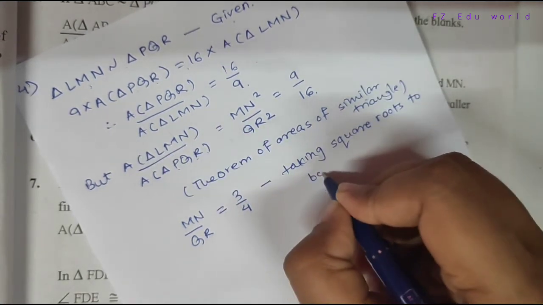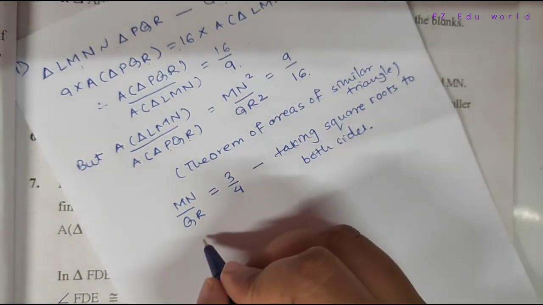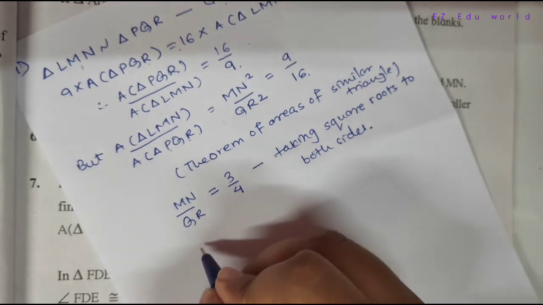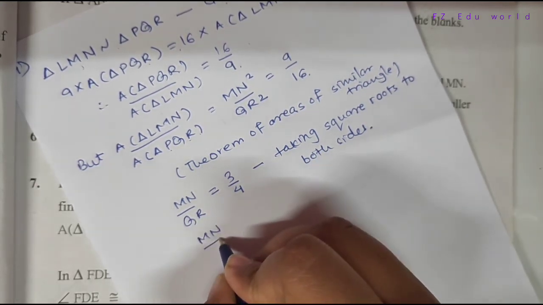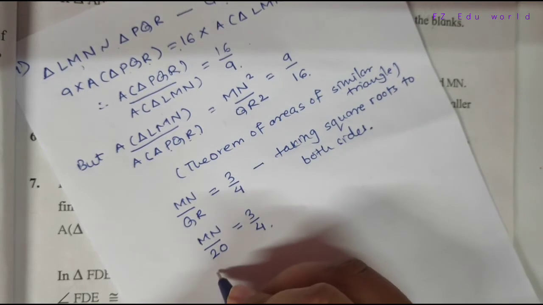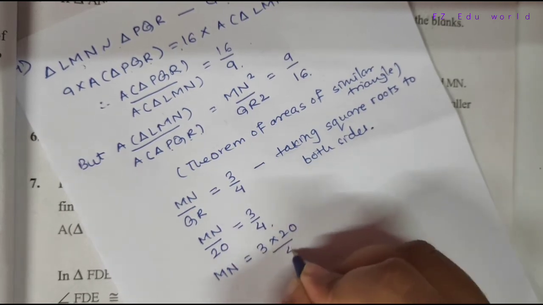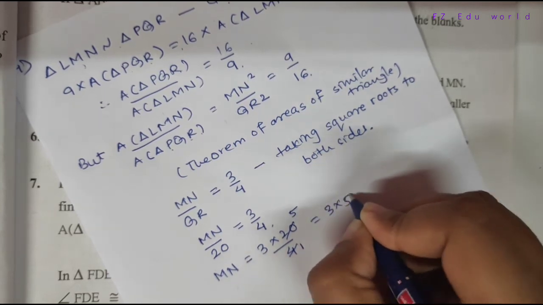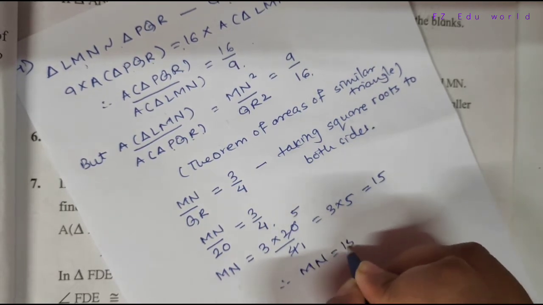Now we are given QR is equal to 20. MN upon 20 is equal to 3 upon 4. We will cross multiply here. MN is equal to 3 into 20 upon 4. 4 ones are 4, 4 fives are 20. 3 into 5 is equal to 15. Therefore, MN is equal to 15.